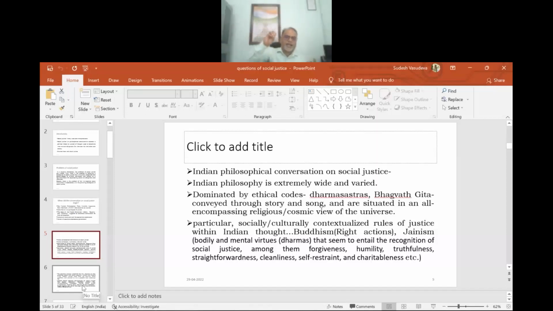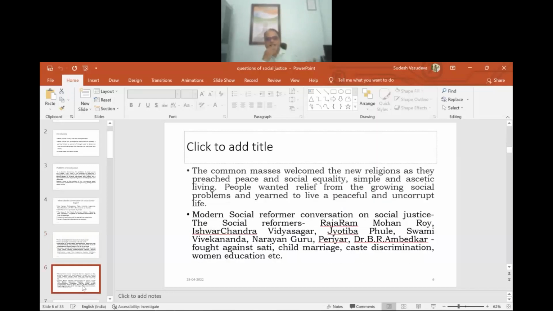Nevertheless, I'm trying to give you an idea that even much before the Western philosophers could concretely come into the conception of social justice, we already had our share on it. As I said, the common masses in India welcomed the new religion which preached peace, social equality, simple living. People wanted relief from problems they faced for living a peaceful life.